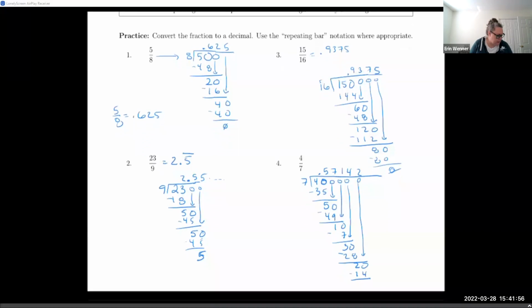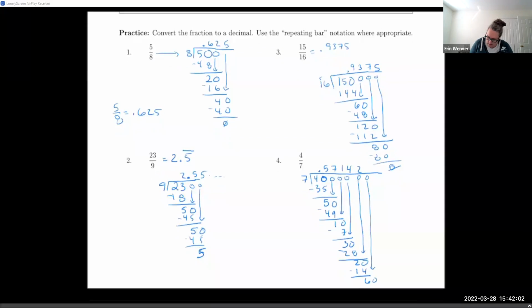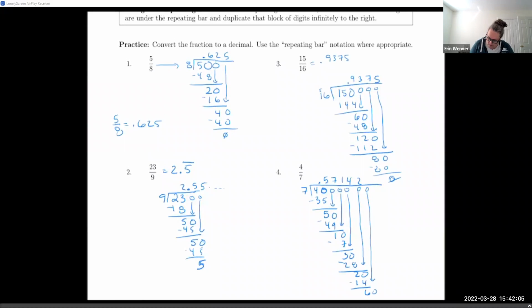And we get 6, and we're bringing a 0 down. And I am running out of room. 7 goes into 60 8 times. And 8 times 7 is 56. And when I subtract that, I get a 4.